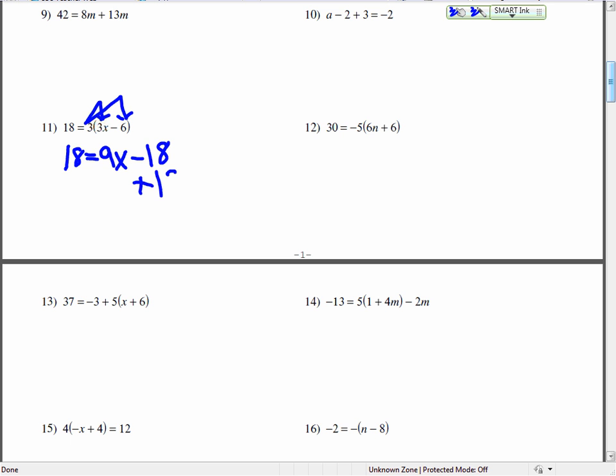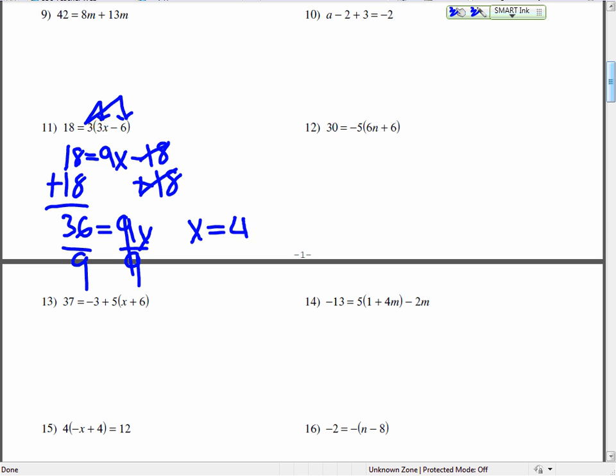He added 18 to get rid of the negative 18. And then I got 36 equals 9x, perfect. He's going to get rid of multiplication by dividing, so he's going to divide 9 to both sides. And x equals 4. Yes.